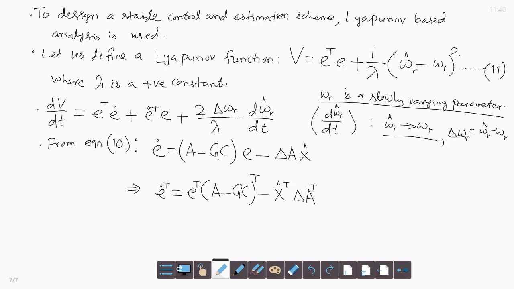So now adding these last two equations, we get E transpose into E dot plus E transpose dot into E. In the first term, E transpose is pre multiplied with E dot, so we have E transpose into A minus GC into E, minus E transpose into delta A into x hat.